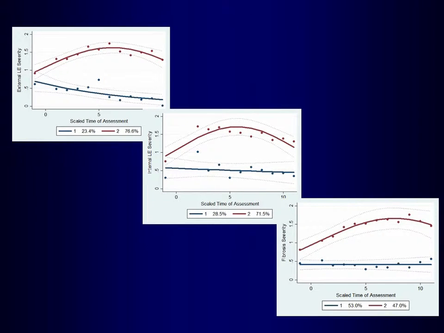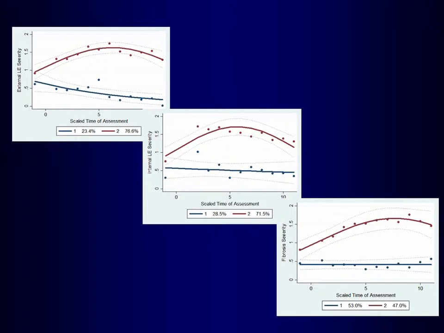We have internal and external lymphedema, with the blue line representing those with none to mild findings, and the red line those that had moderate to severe, for internal and external lymphedema, and then fibrosis. The time points are on the x-axis.